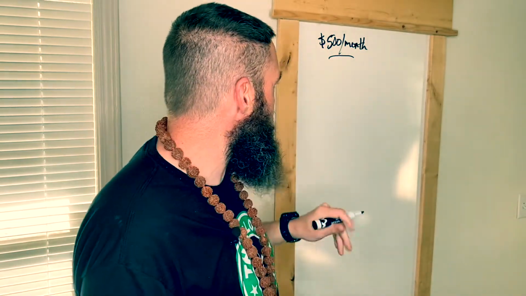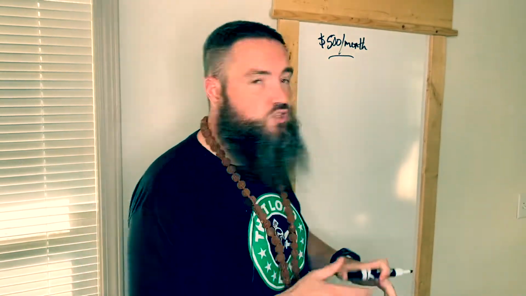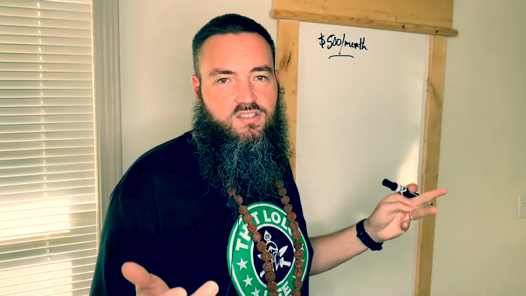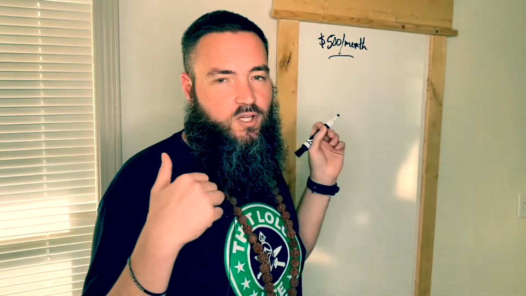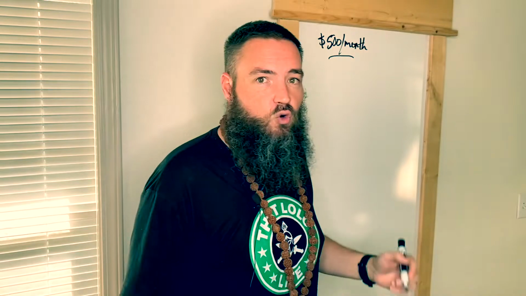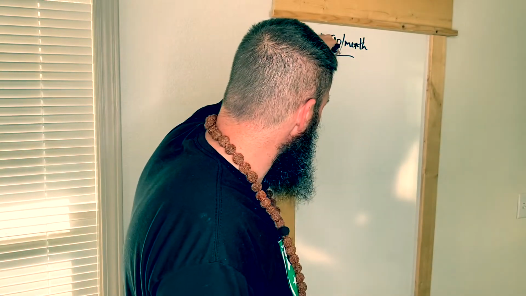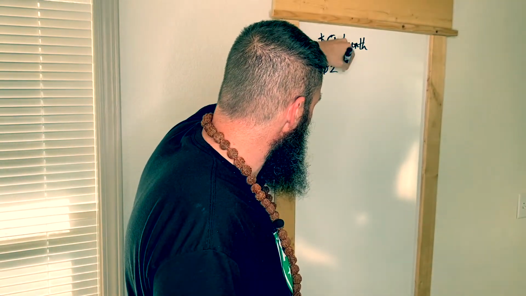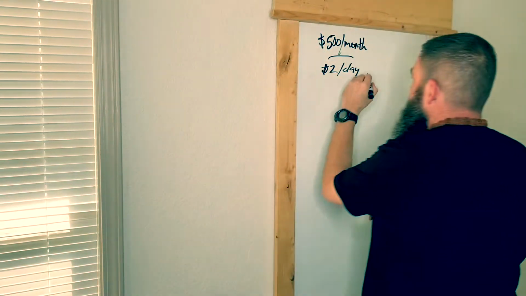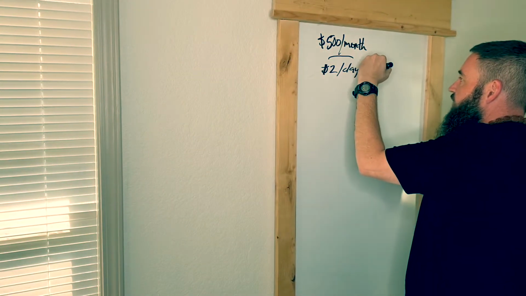Out of $500, the first thing we want to do is start running some ads to real estate agents, okay? If you're a loan officer, odds are you want more appointments with realtors. You want more realtors curious about what you have going on. So I'm just going to take a small amount of money, say $2 a day, and use this to run ads to realtors.